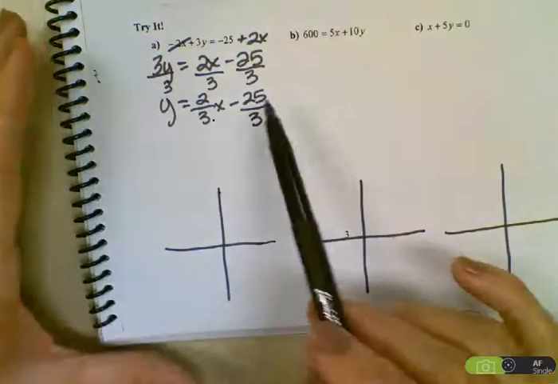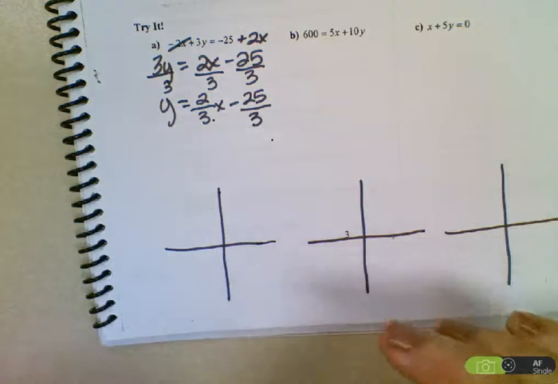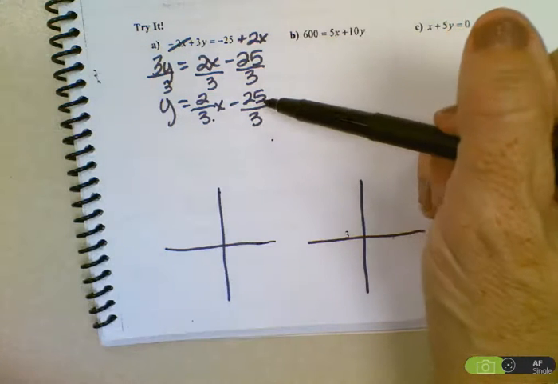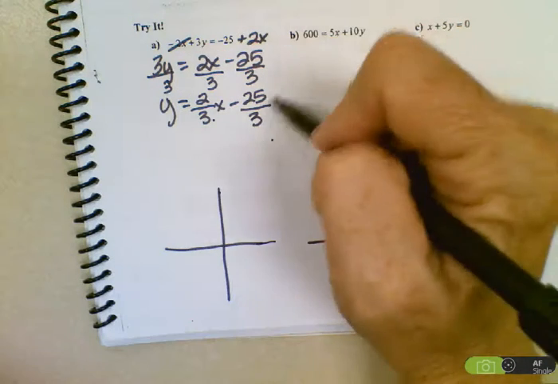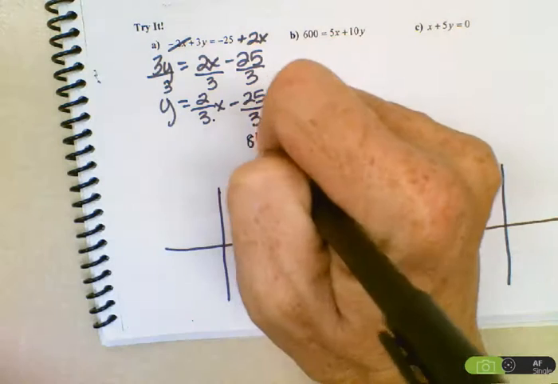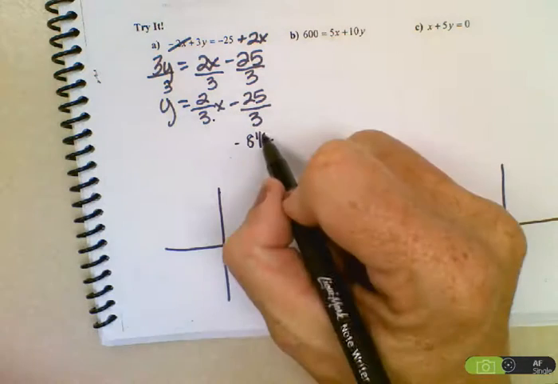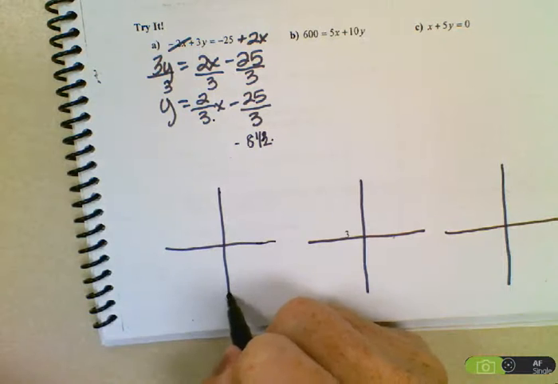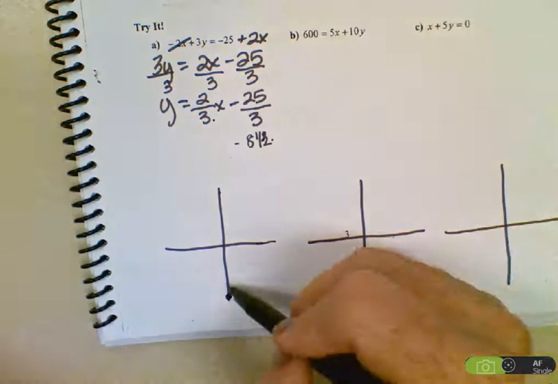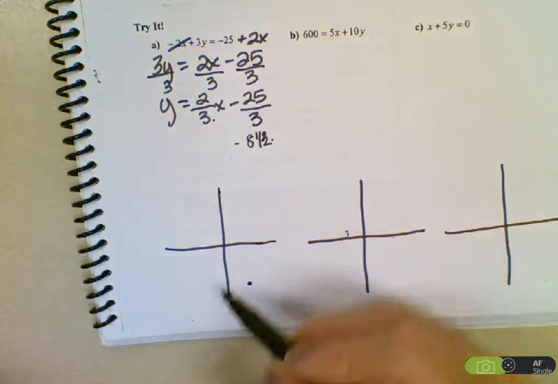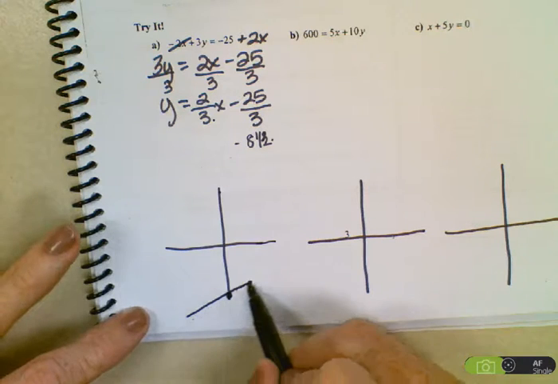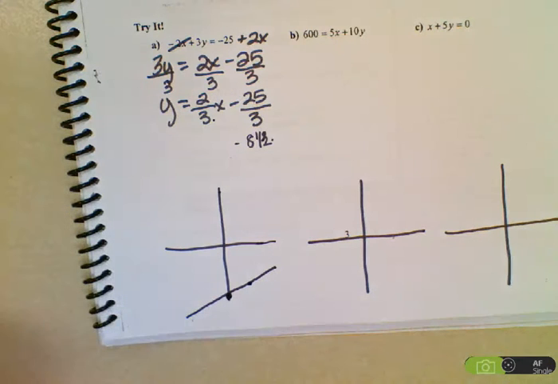Let's figure out about how much 25/3 is. So 3 goes into 25 eight times with a little bit left over. So you have about 8 1/3. Okay, so -8 1/3 is going to be down here. And then we're going to go up 2 and over 3. So that's approximating where that graph is.